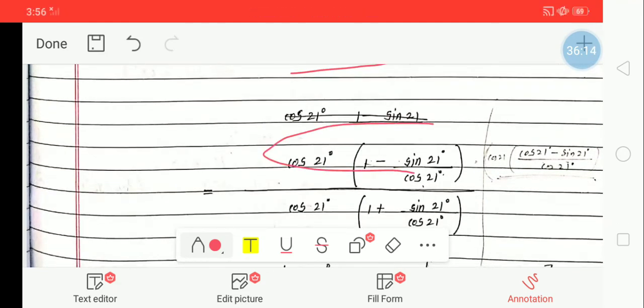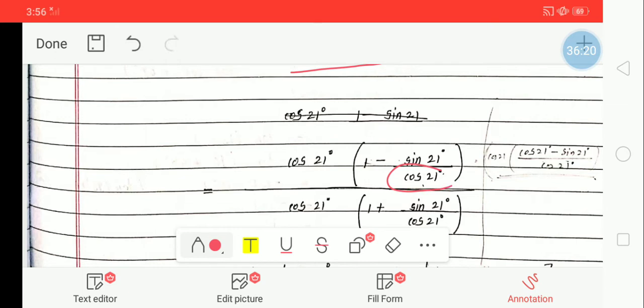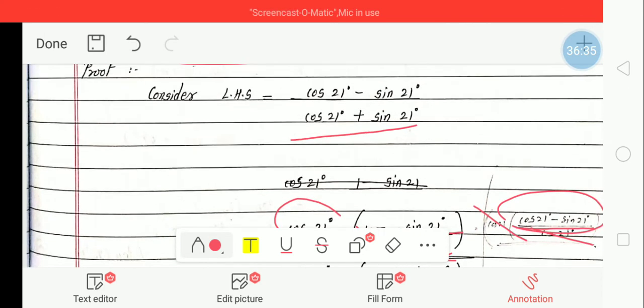How? We divide by cos of 21, numerator and denominator, so cos 21 minus sin 21 divided by cos 21, and here also 21. So cos 21 gets cancelled.